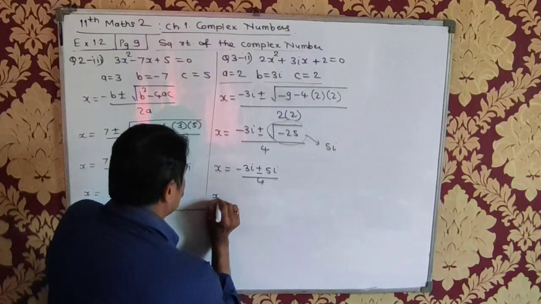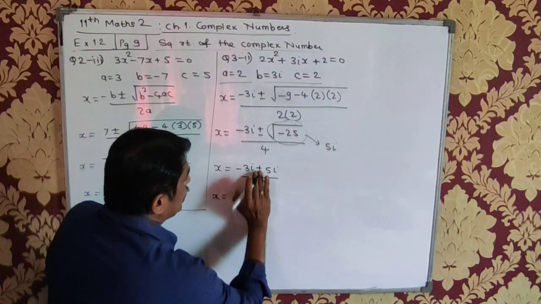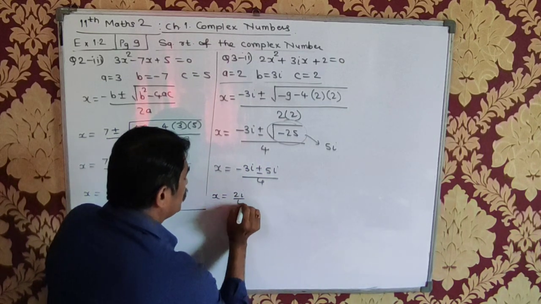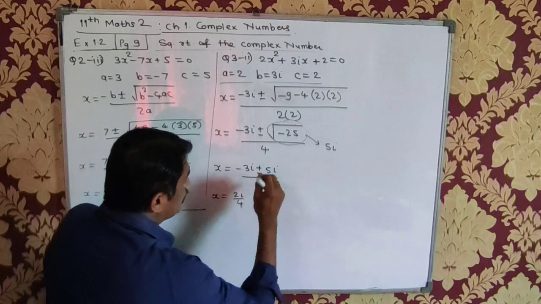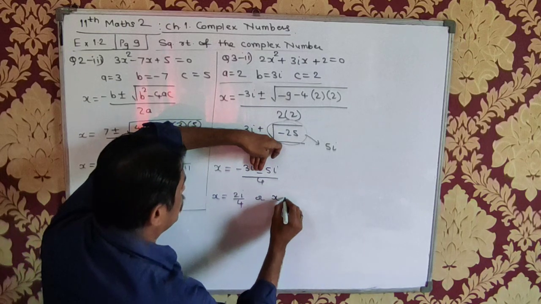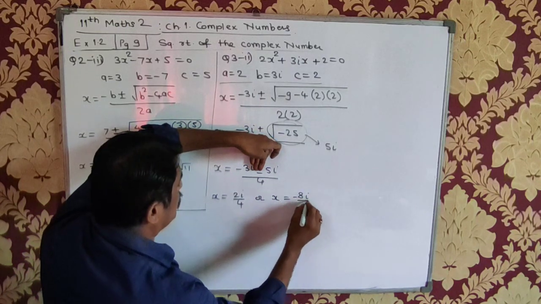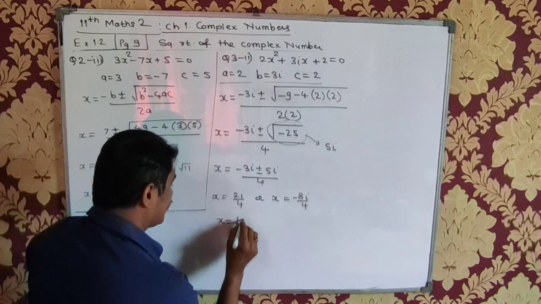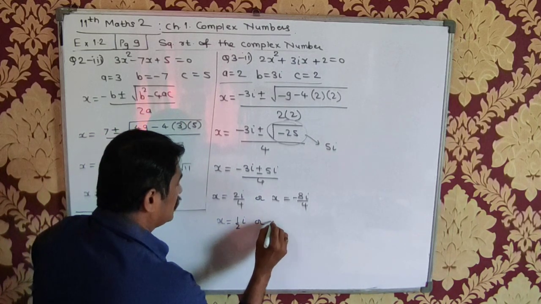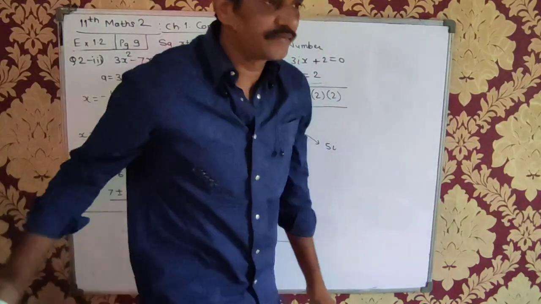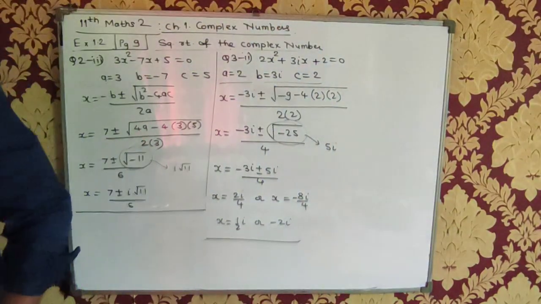If we take plus, we get 2i upon 4, that is i upon 2. And if we take minus, we get minus 8i upon 4, that is minus 2i. So x is equal to i by 2 or minus 2i is the answer. Is that okay? Any doubts about this?